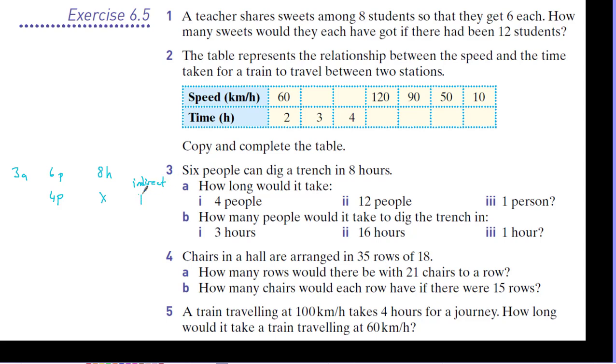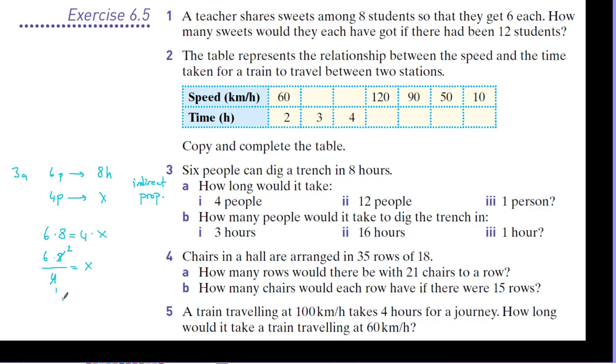In indirect proportion, we are multiplying the variables directly, which means 6 times 8 should be equal to 4 times x, which means 6 times 8 over 4 is equal to x. And if you simplify 8 by 4, which is equal to 2 and 1.